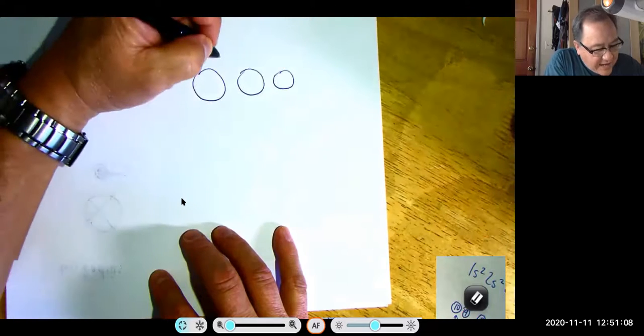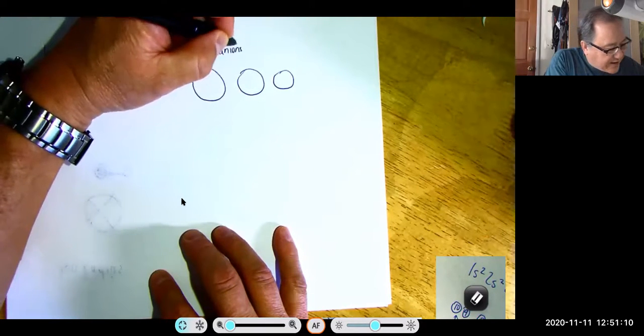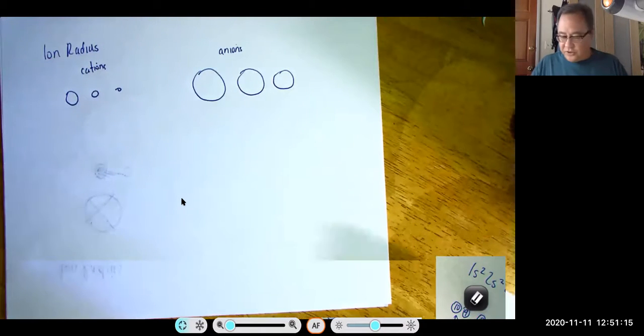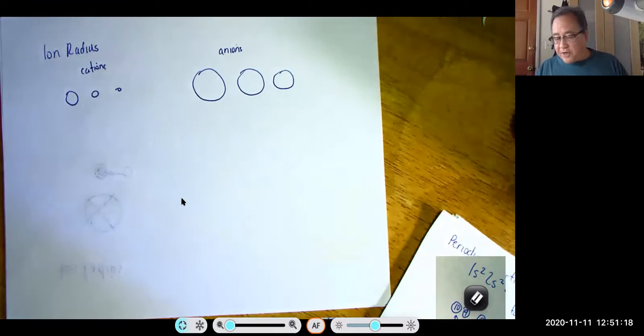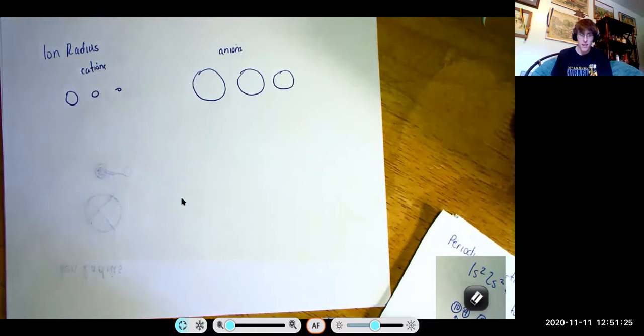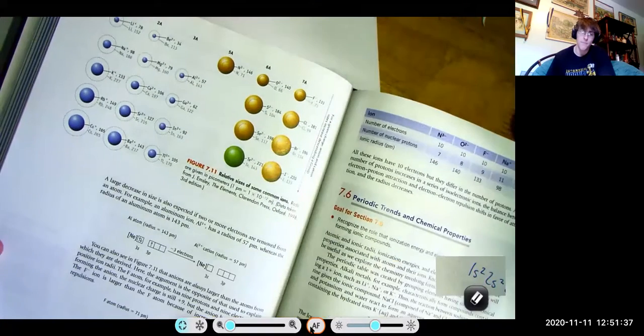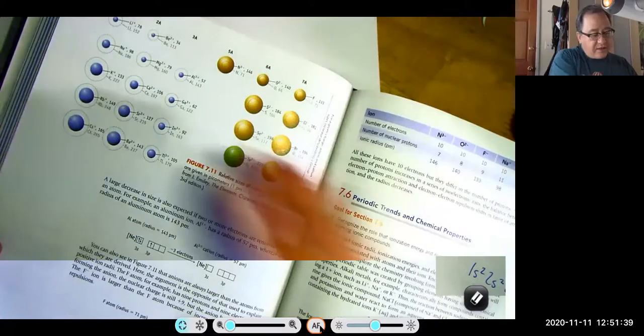And these are anions, and these are cations. So which are bigger in a period, the cations or the anions? The anions are larger. Without a doubt, clearly, easily seen. And do you see how the drawing in the book looks? So I've drawn just one row, if you will, okay?